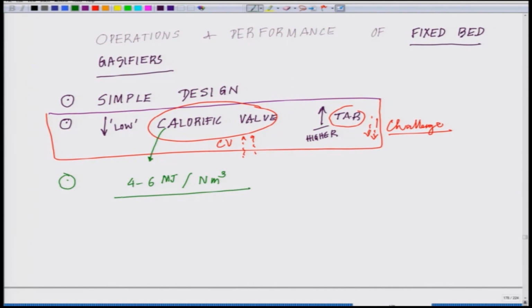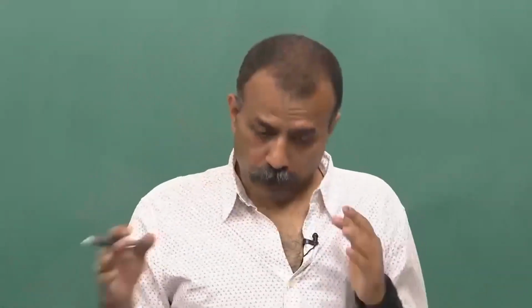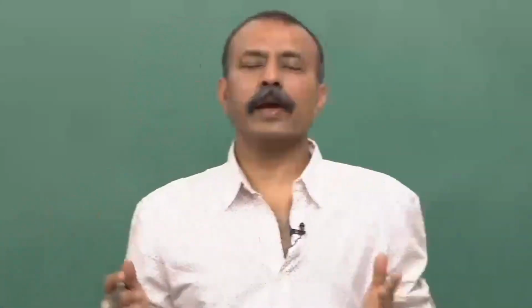You always have to compare it with natural gas, which is around 36. So, natural gas is at least 6 times more, or if you are getting 4, almost 9 times more efficient than what you get from nature. Currently, what man can do is in the range of 4 to 6 using a simple design of a fixed bed gasifier.